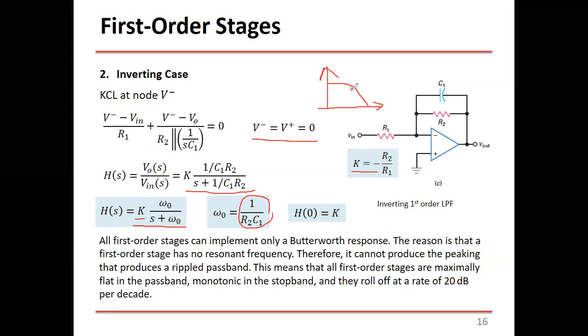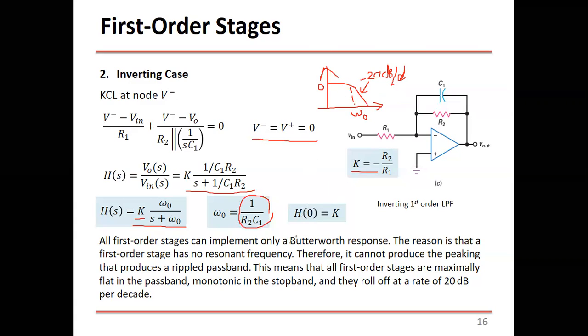So this is omega naught here. And this is 0 dB, right? And this one rolls off with minus 20 dB per decade. Okay.